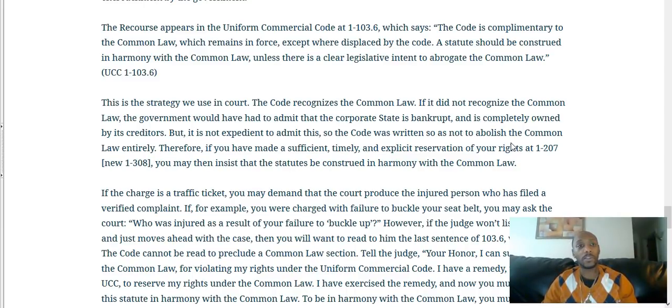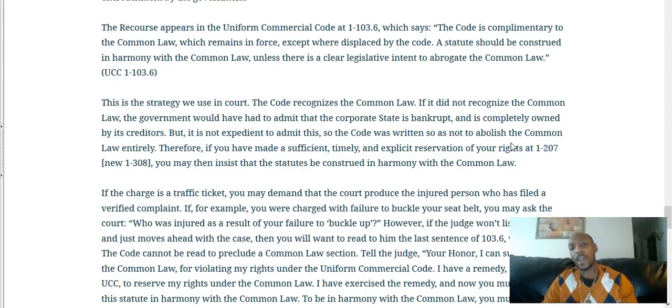A statute should be construed in harmony with the common law, unless there is a clear legislative intent to abrogate the common law. UCC 1-103.6. This is the strategy we use in court.